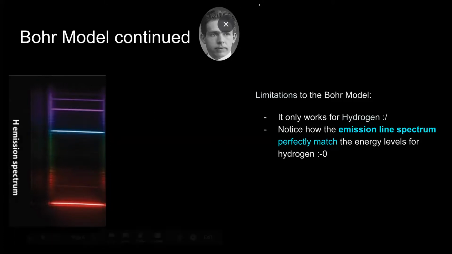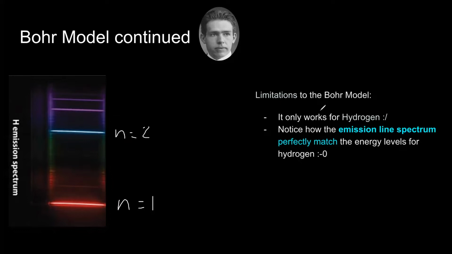If you remember in lab, this is what you all did, right? In lab, you looked at the emission spectrum for hydrogen, and notice how the colors that you saw for hydrogen, which were only either red, blue, or purple, match the hydrogen emission spectrum pretty much exactly.